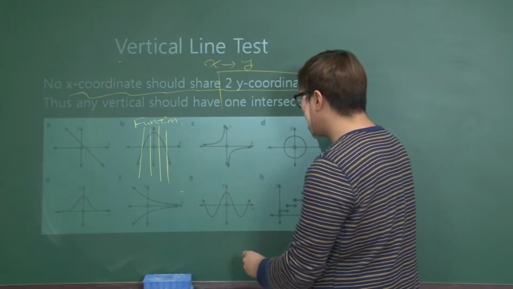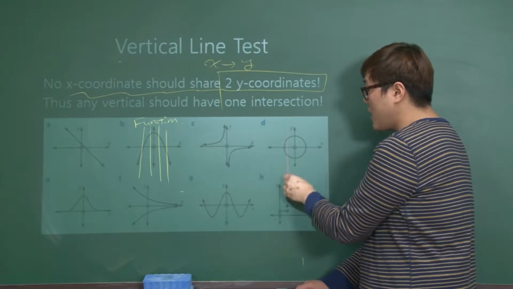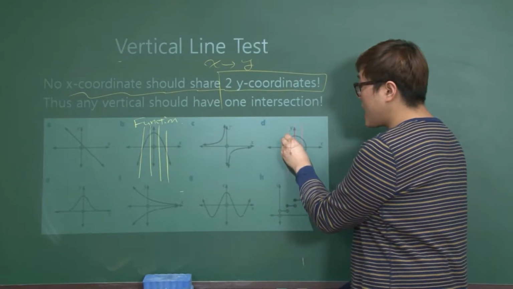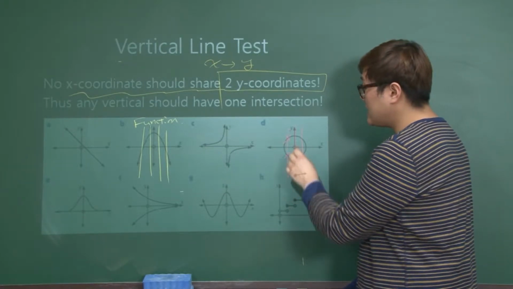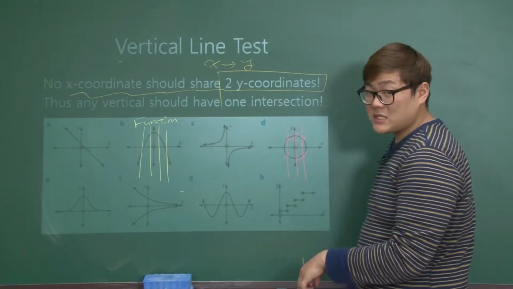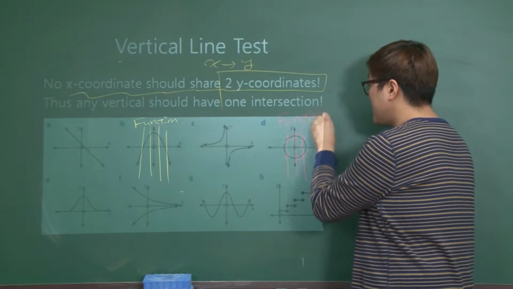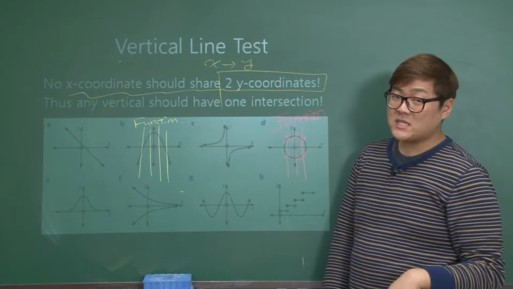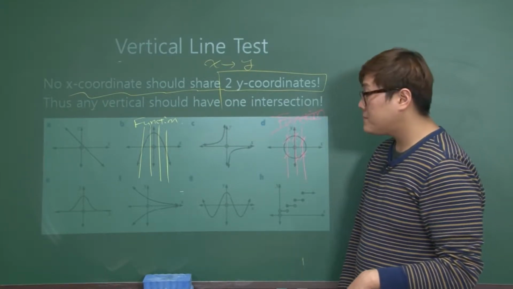Okay, let's do graph number D. Here, if we draw some vertical lines, we can see there are 2 points of intersection. So this is not a function, because some x values are associated with 2 y values.